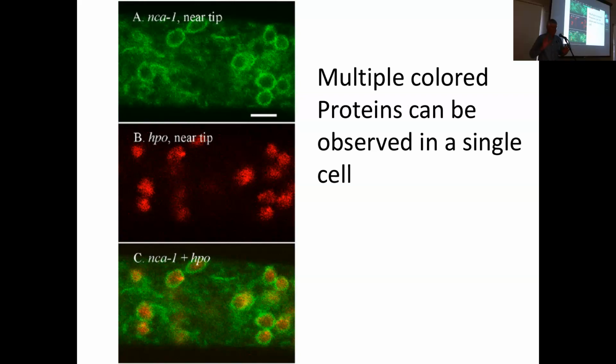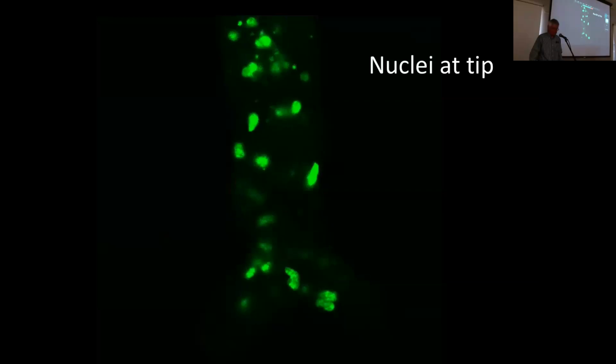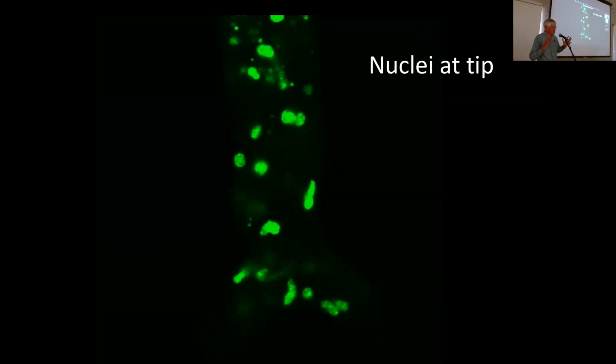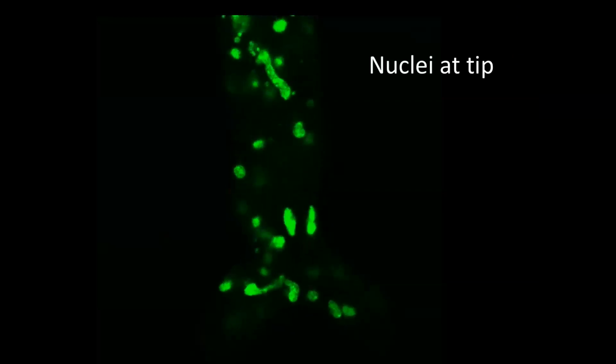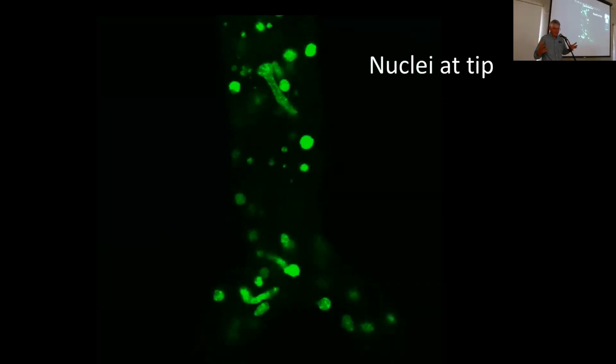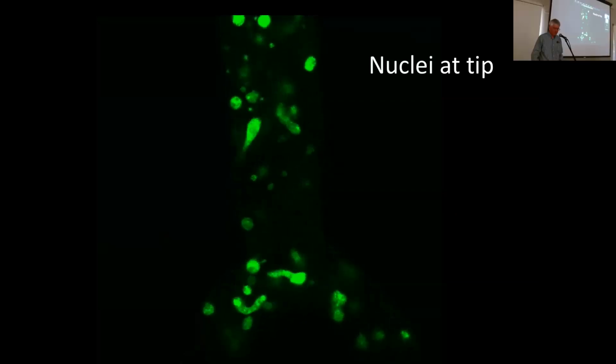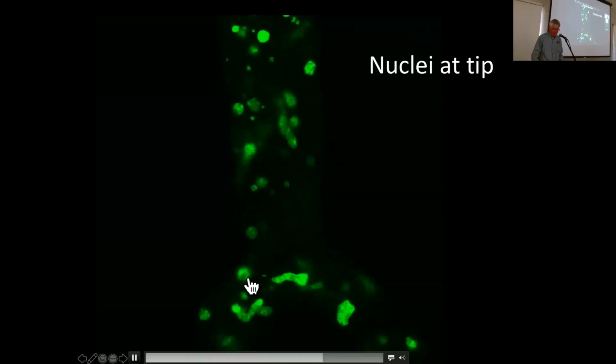All right, and I'll give you another picture that will help you put that into some context. Okay. So the other beautiful thing about this is you don't have to kill the cell, you don't have to fix the cell. You can look in live cells. And so this is the nucleus of these cells that we're looking at, up at the tip.